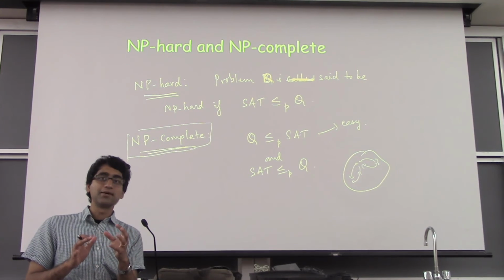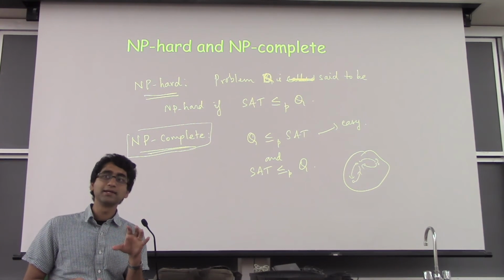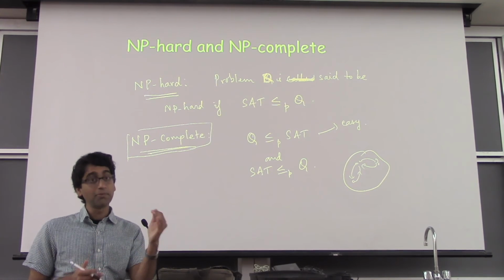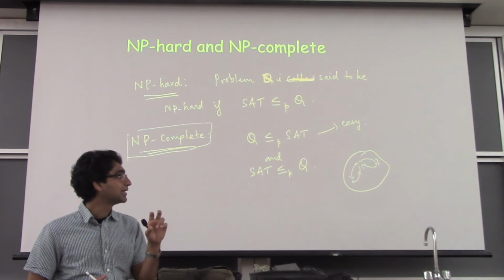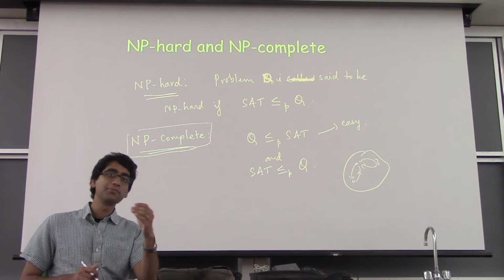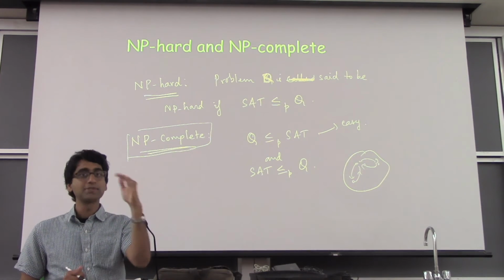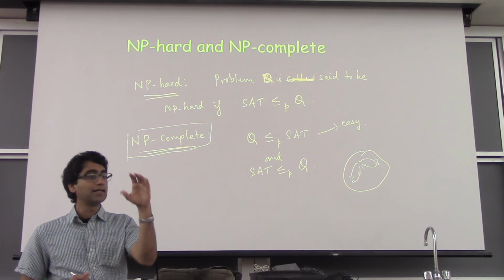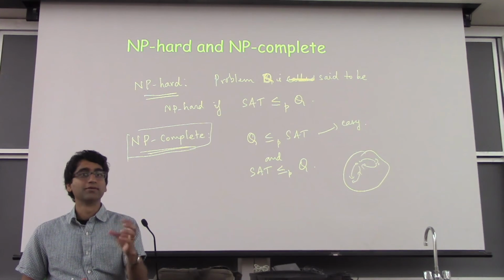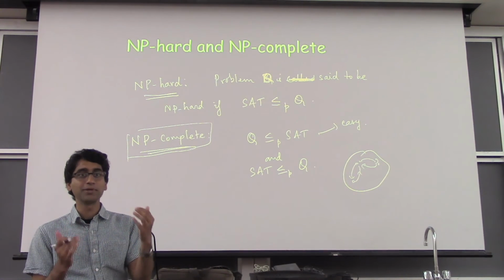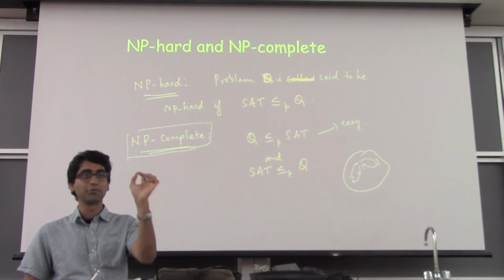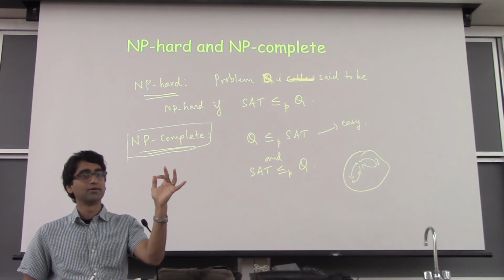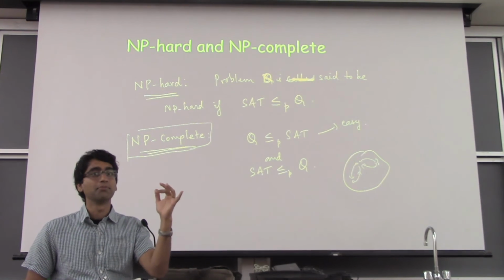And one of these big conjectures in complexity theory, which people actually believe is false, is this notion of a dichotomy. People think that all problems in NP are either NP-complete or they are in P. This is what is called the dichotomy conjecture, and people believe it's false, but we don't know of problems that you can prove are strictly between P and NP.